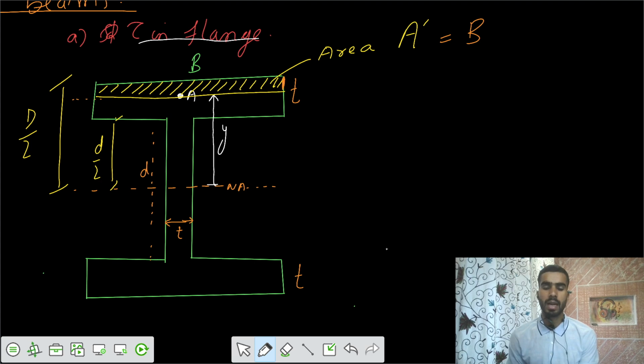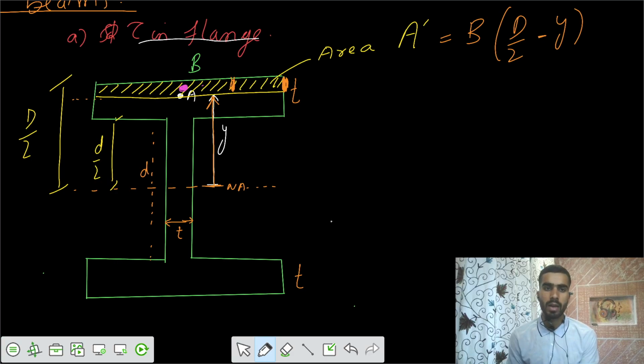The value of this thickness would be: total is D by 2, and you subtract y, and you are left with this part, so D by 2 minus y. Where is the centroid of that area acting? The centroid would be acting here.